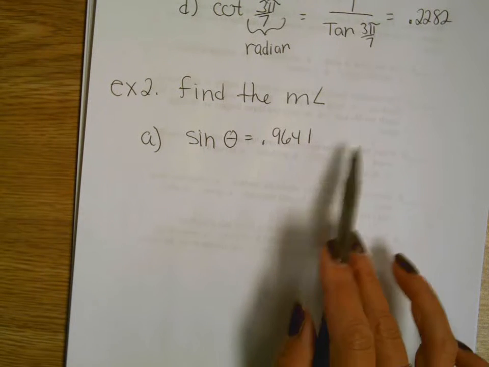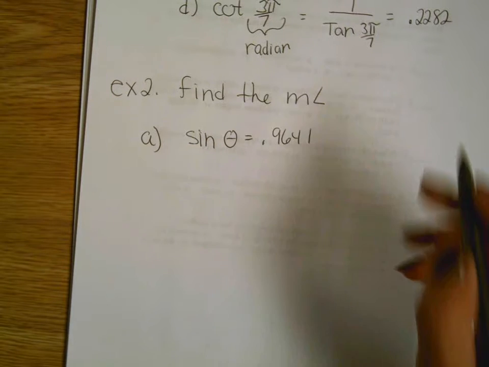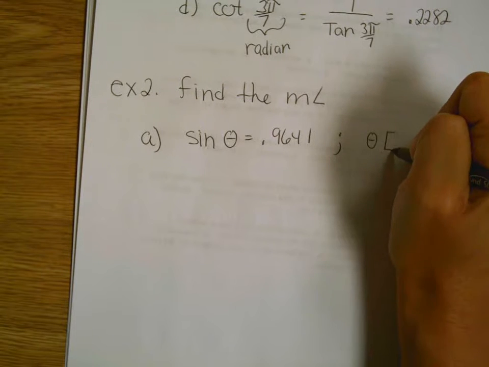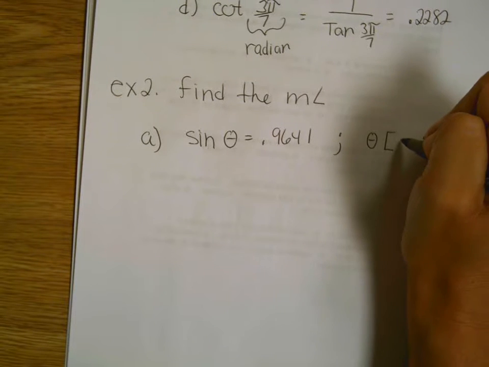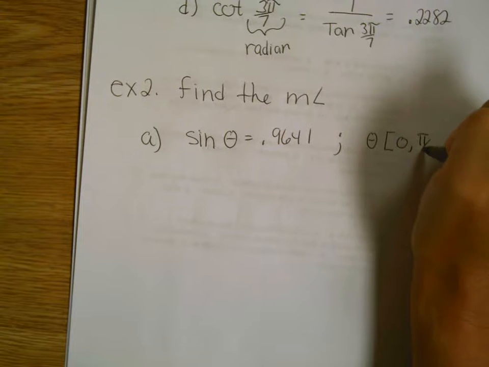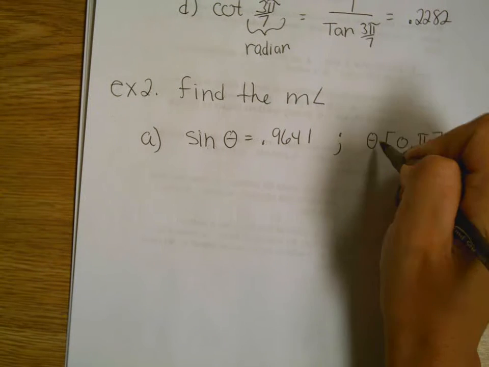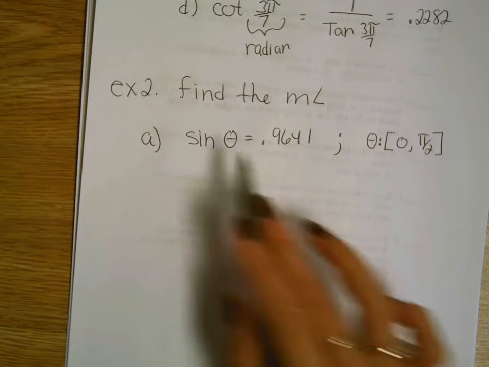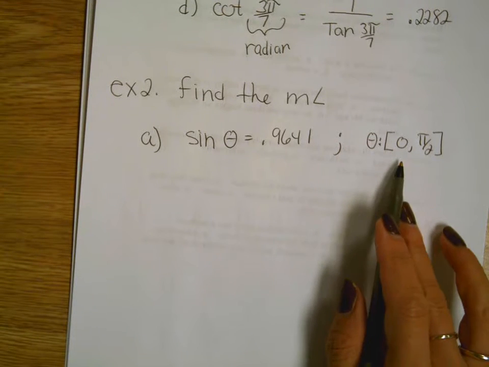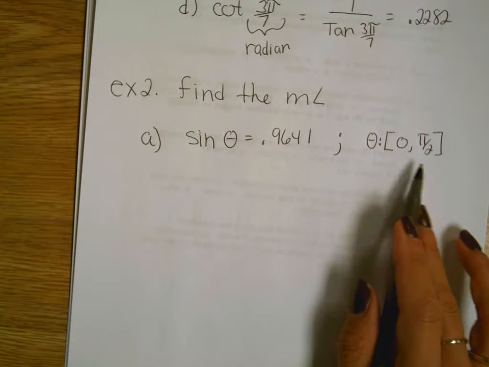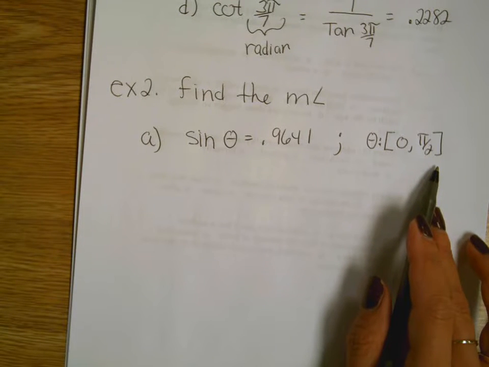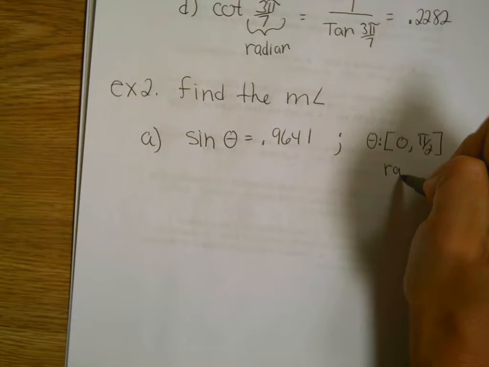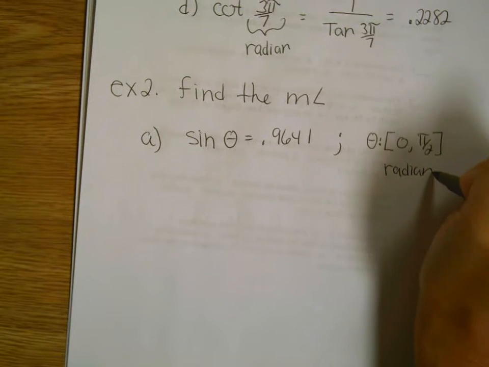So usually at this point, you're going to be given a second piece of information. Theta has to be between 0 and pi over 2. So it's giving you a range of values for the angle. So now, what kind of angle am I looking for? Because of this interval, radian. So you want to be in radian mode when you do your inverse.